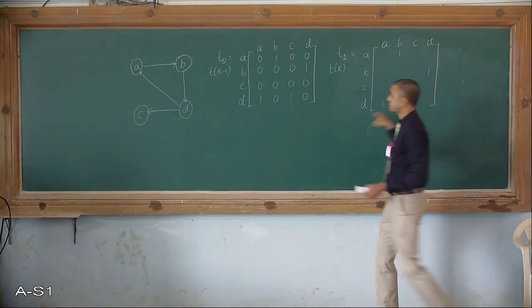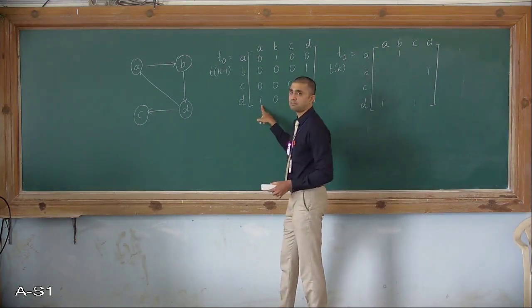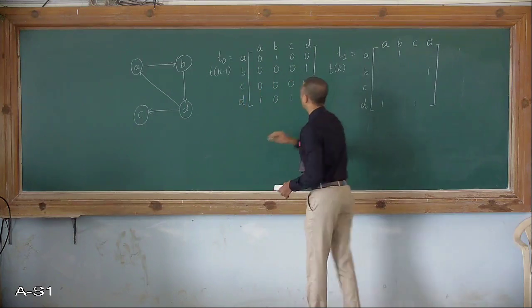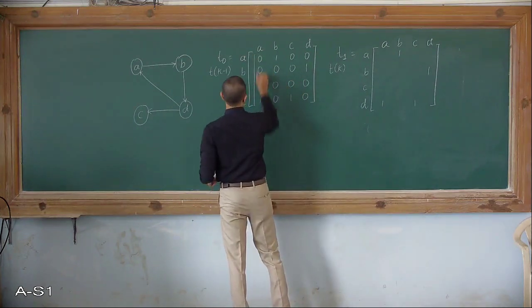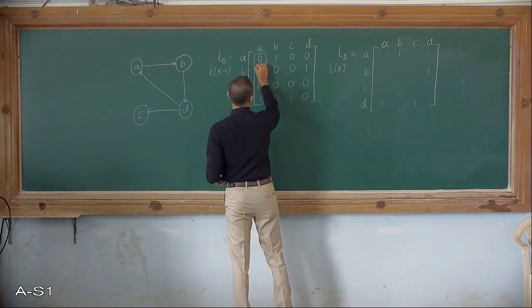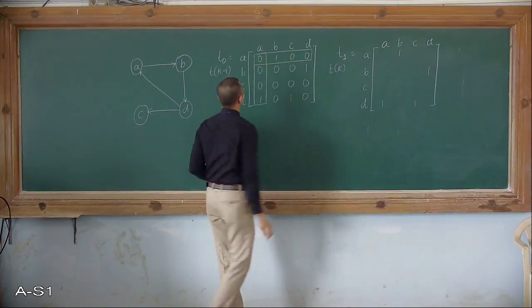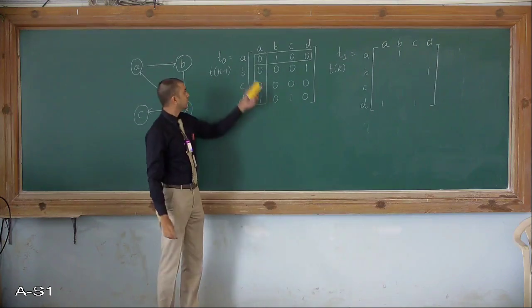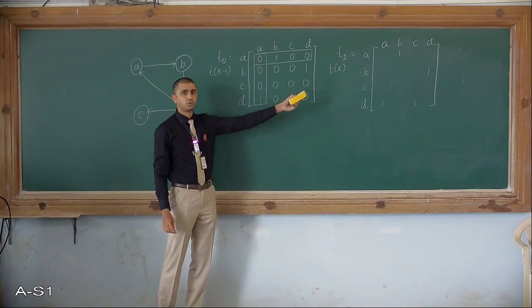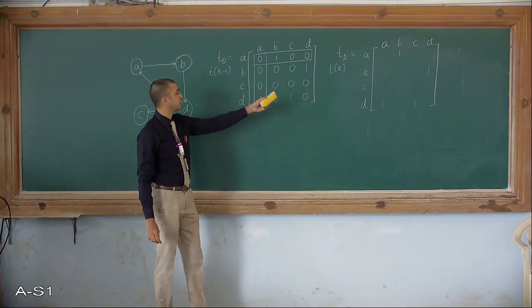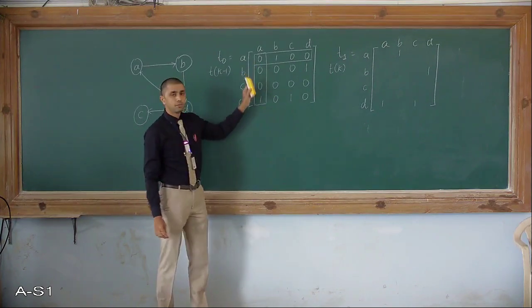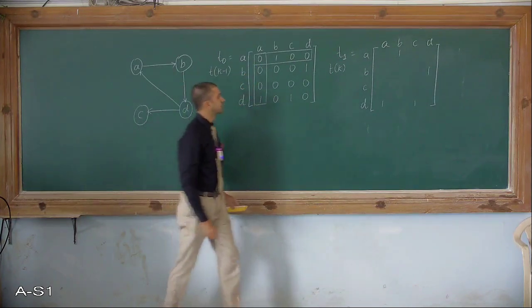Now the first intermediate vertex that I'm going to have is vertex A. So the first column and the first row, I'm going to freeze. This means that for the first matrix that I'm going to generate, A is going to be the intermediate vertex.